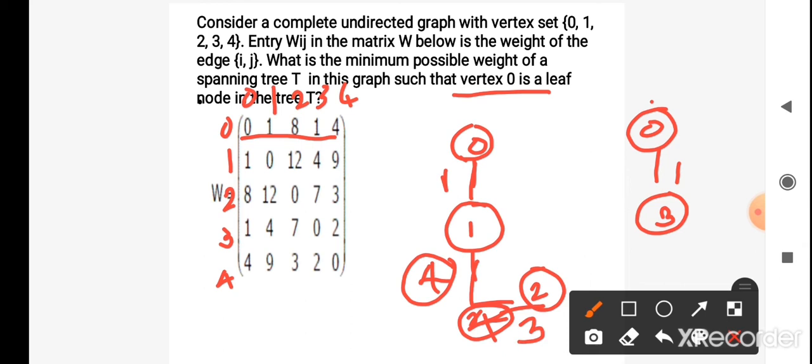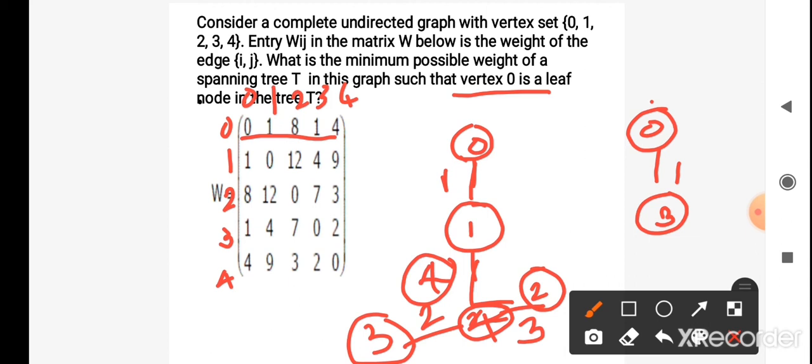Then 2 to 4 is 3, and 4 to 3 is 2. So all edges are there: 0, 1, 2, 3, 4.